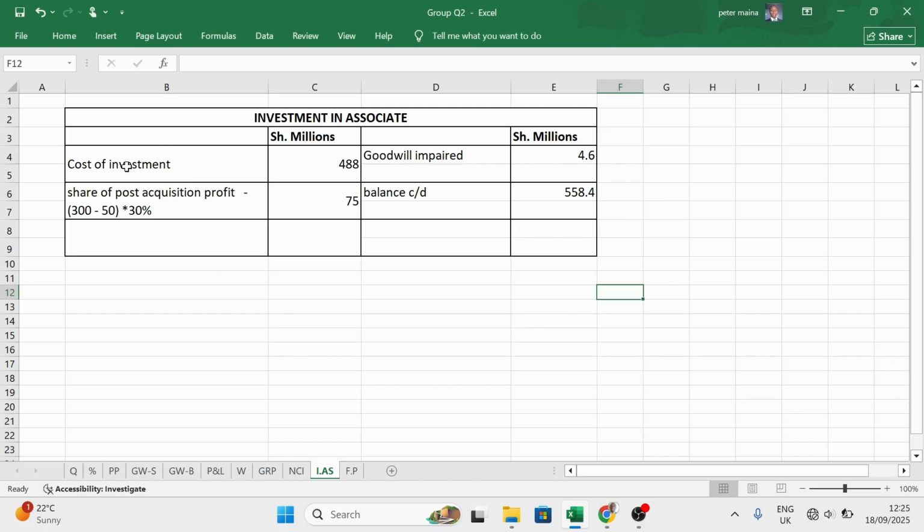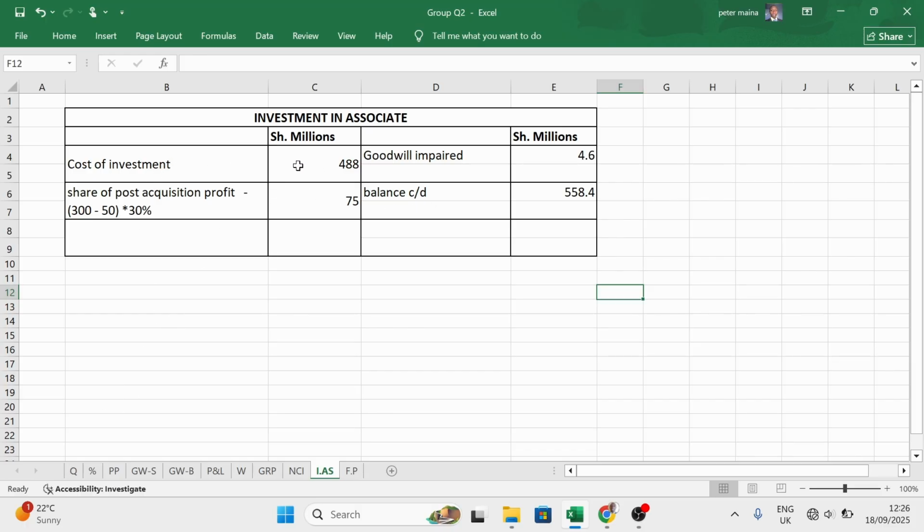On the debit side, we always record the cost of investment followed by the share of post-acquisition profit. On the other side, we show goodwill impaired. The difference between the debit side and the credit side is the balance carried down, which will be taken to the non-current assets.